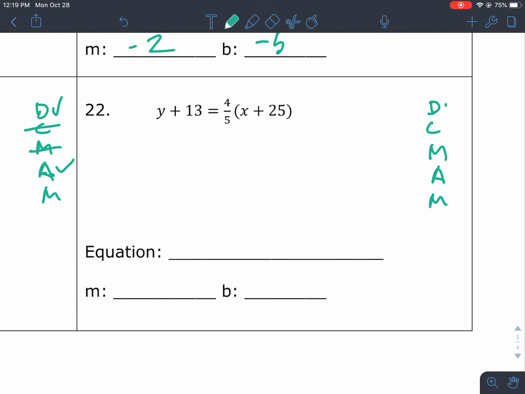Last one, 22, I will start with distributing. So I'm going to distribute 4/5, and I'm left with y plus 13 equals 4/5 x plus 20, I think that is.